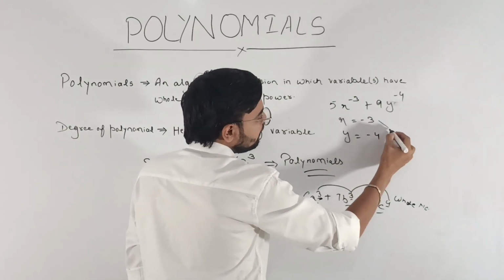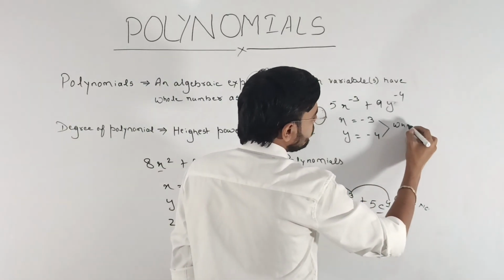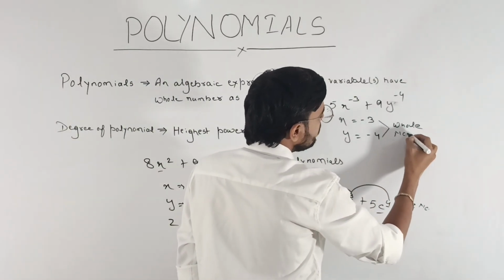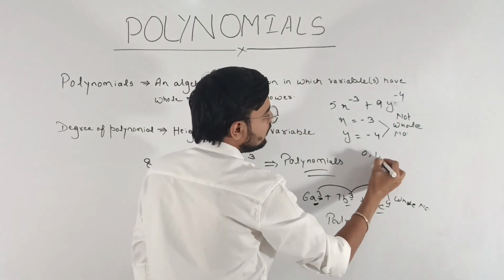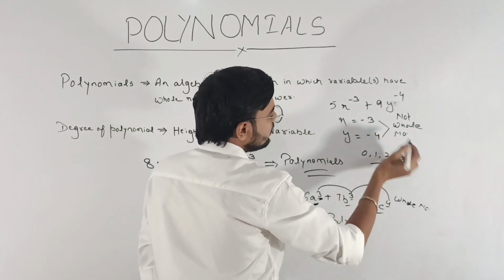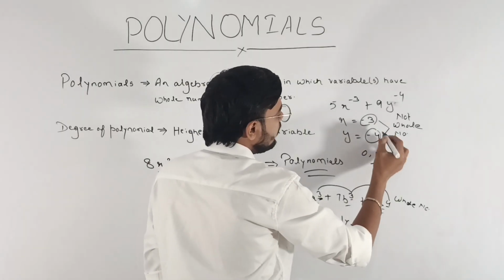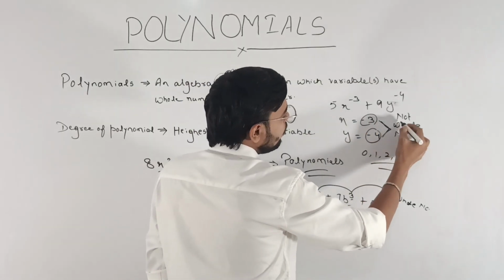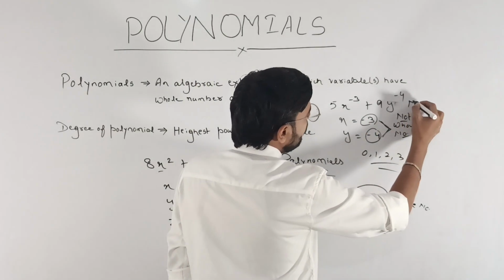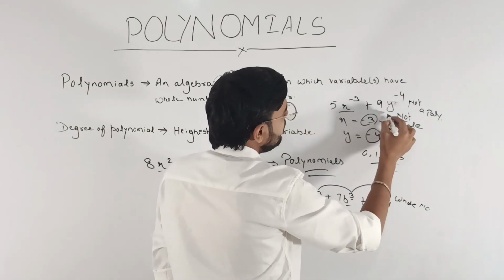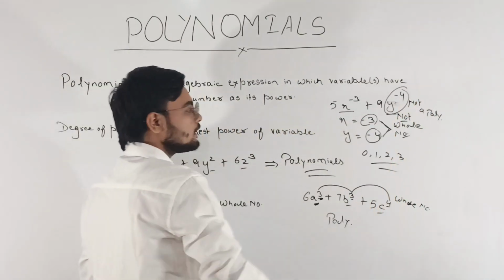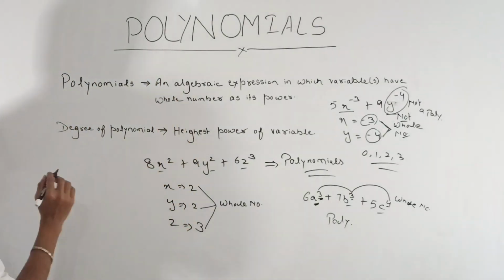Now look, minus 3 and minus 4 is not a whole number. Why? Because whole number start from 0, 1, 2, 3. And this is minus 3 and this is minus 4. Then these are not a whole number. That's why this algebraic expression is not a polynomial. Why? Because variable does not have whole number as its power. Understood? Let's take one more example.